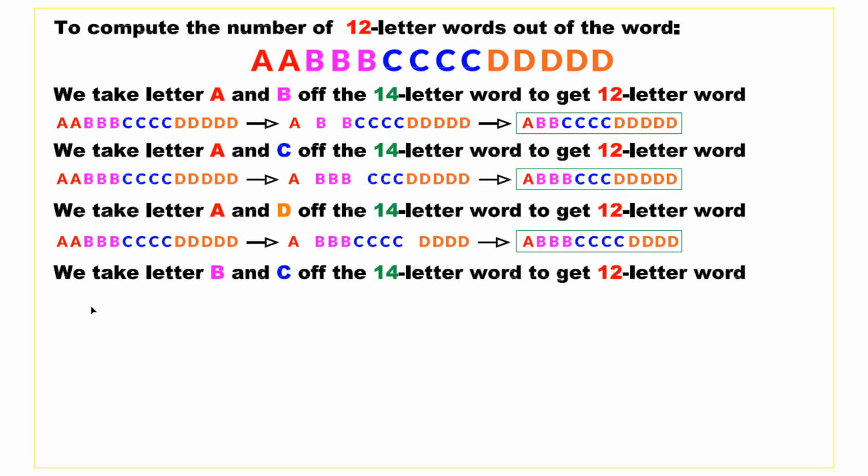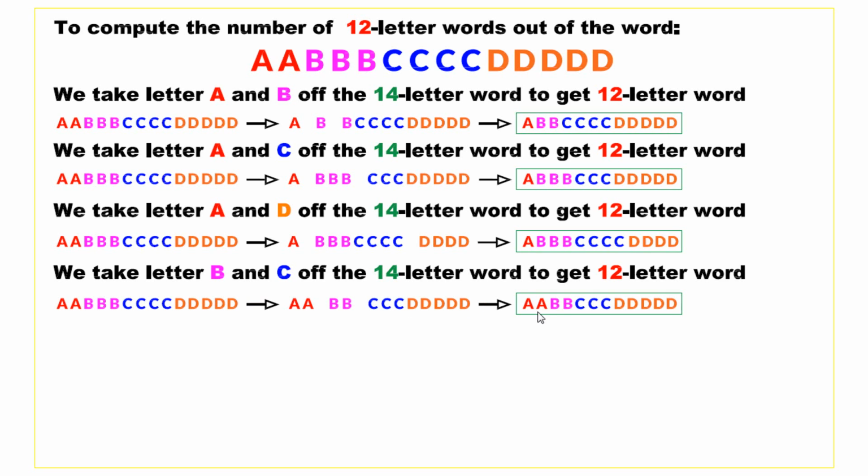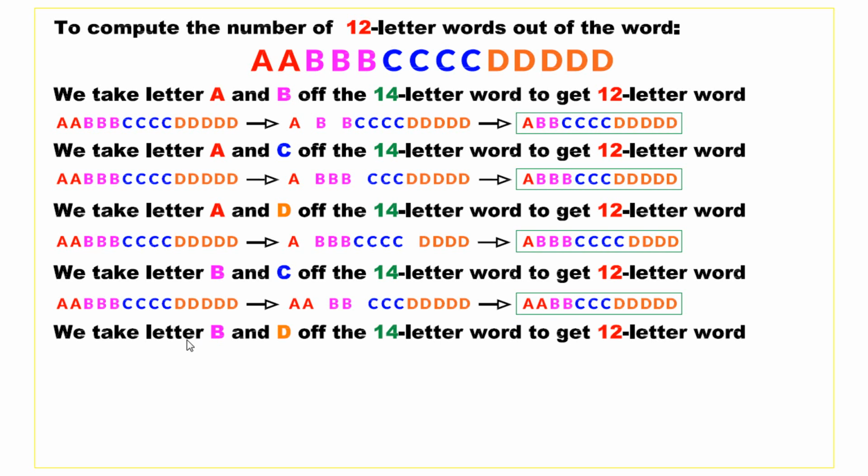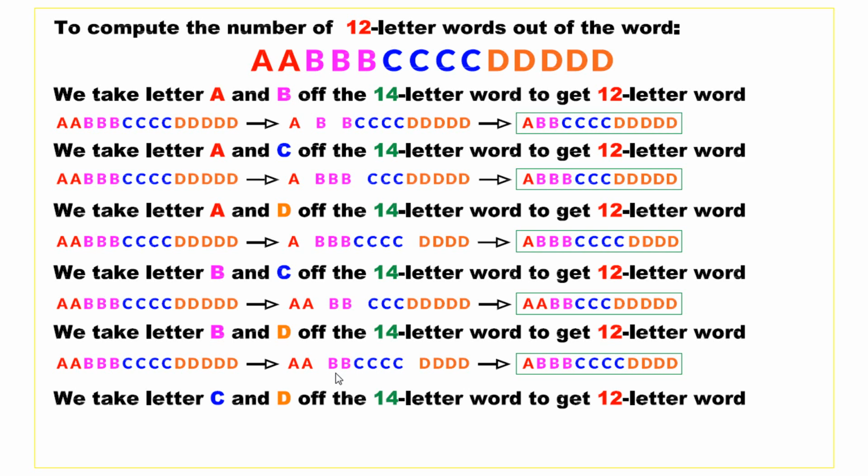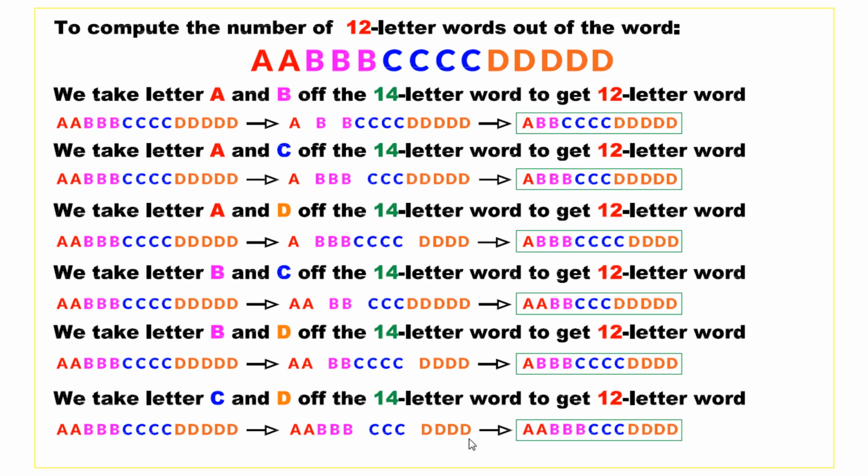We can also take the letter B and the letter C, and we end up with a 12-letter word. We can also take letter B and letter D, and we end up with a 12-letter word. And we can take letters C and D, and we end up with a 12-letter word. And this is the first set of words we need to use and permute in order to find the number of 12-letter words out of this 14-letter word.